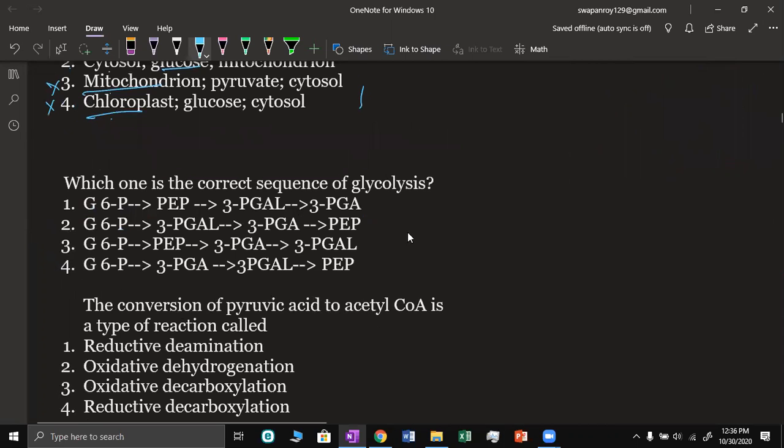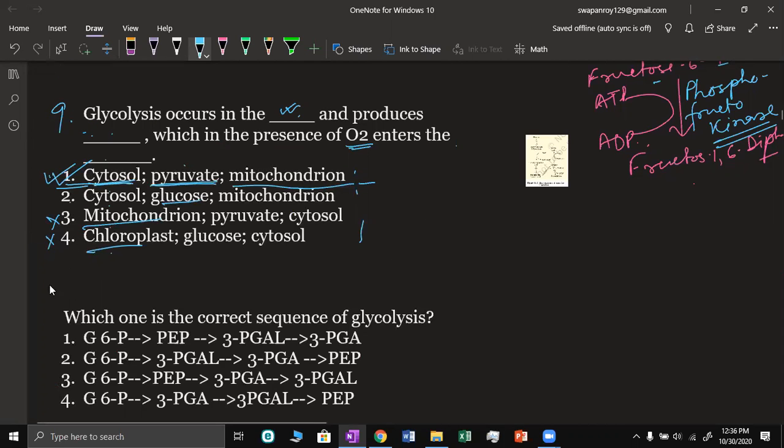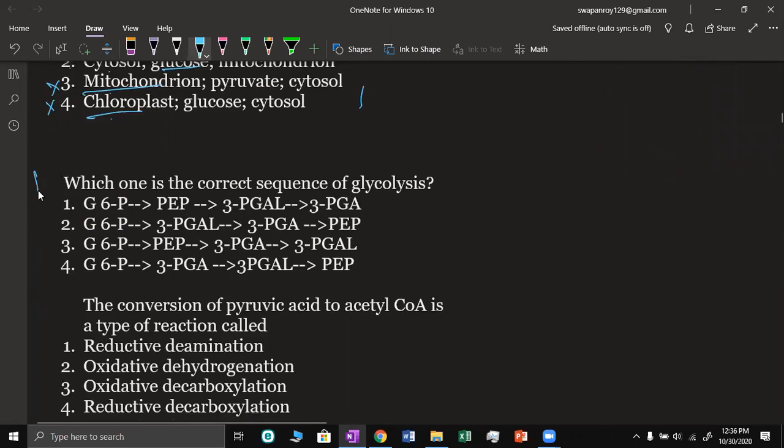Next question. This one is a little bit tricky. You have to remember the sequence of different intermediate products. You also have to remember the abbreviated names of the intermediate compounds.